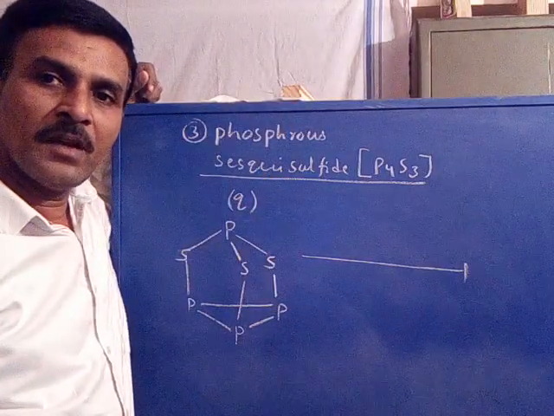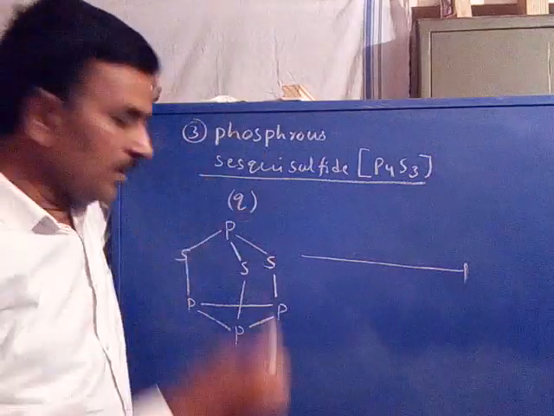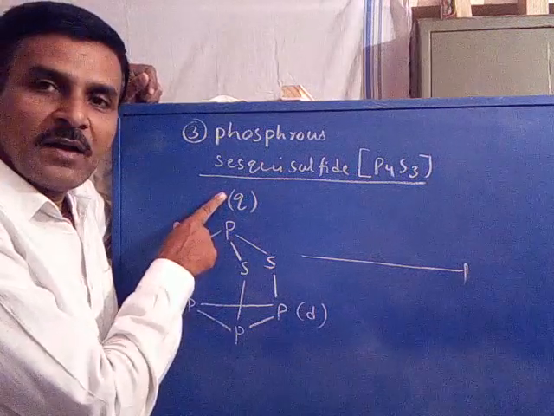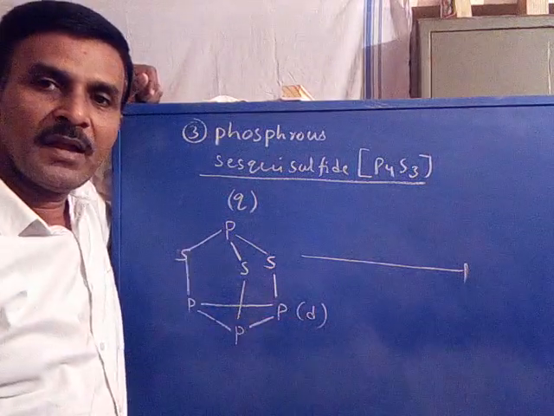How many phosphorus above? Only one. So 1 plus 1, a doublet. So the above phosphorus appears as a quartet, and the below phosphorus signal appears as a doublet.